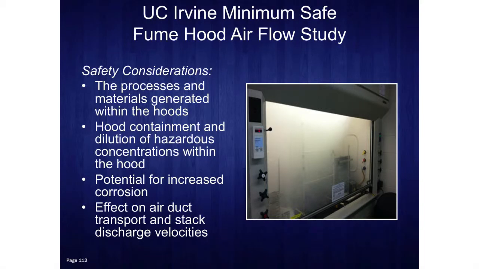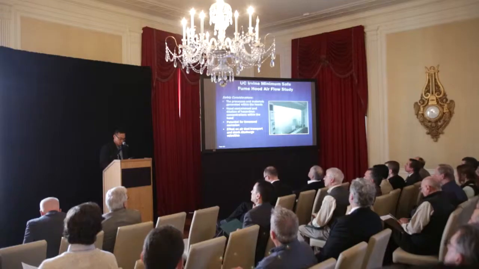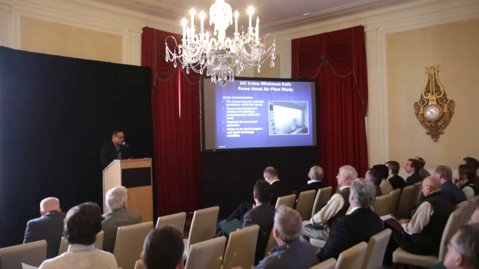Some of the safety considerations that the standard mentions and that we also took into consideration were things like what processes were being done in the hood, hood containment ability, potential for additional corrosion in the exhaust duct because of the reduced airflow, and the effect on exhaust discharge velocities.